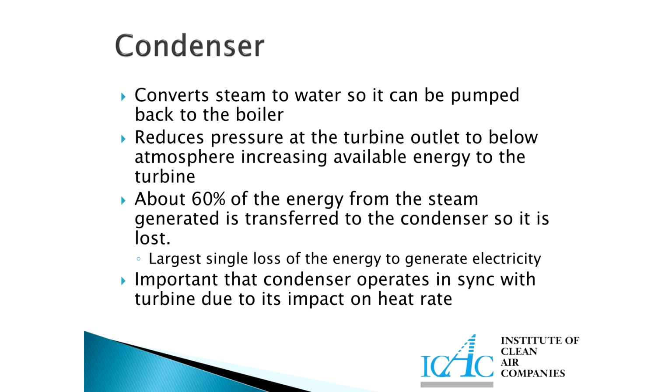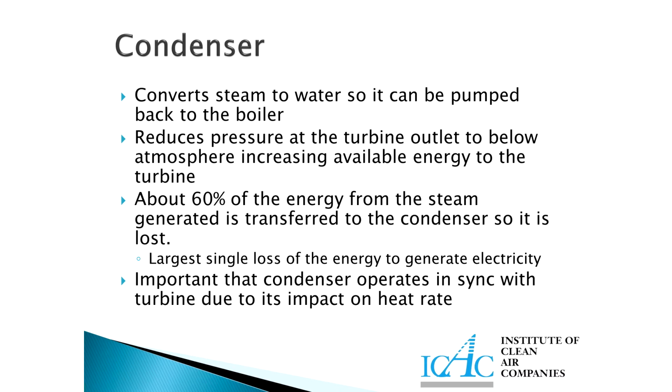Condenser. As I mentioned earlier, 60% of the energy from the steam generated is transferred to the condenser, so it is lost. But basically, the purpose of the condenser, after the steam has gone through all the different stages of the turbine, is to convert it back into water so you can pump it back up into the boiler.